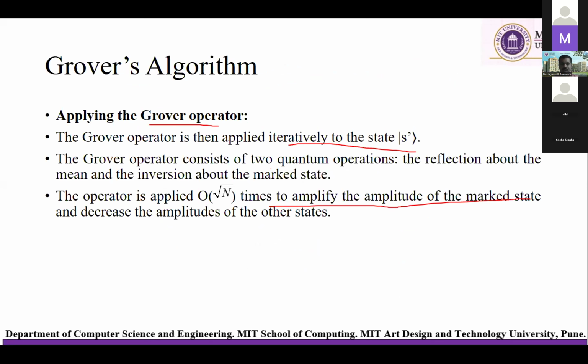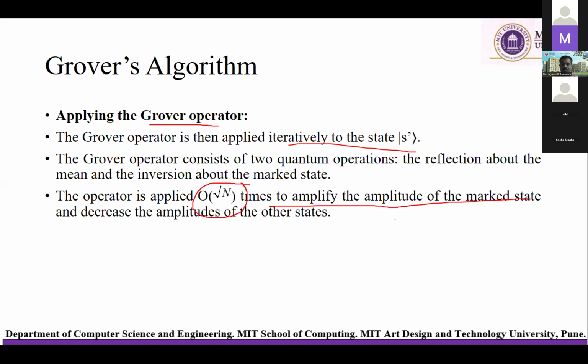So from this we can identify that to solve this particular problem, it requires only order square root of N steps. Actually, these steps are required to amplify the amplitude of the marked state.